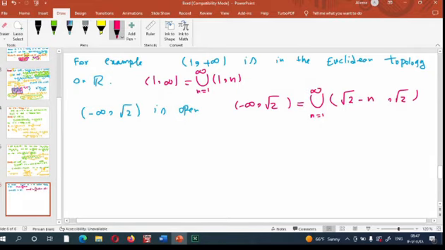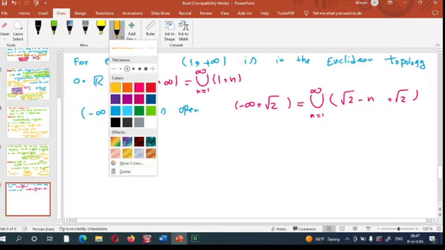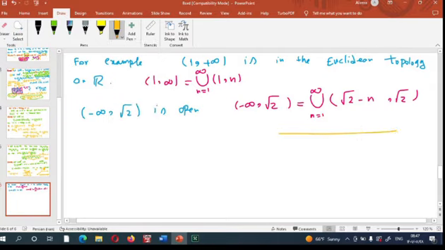Radical 2 minus n, and it is very trivial that if we consider this, then this union equals this open set.